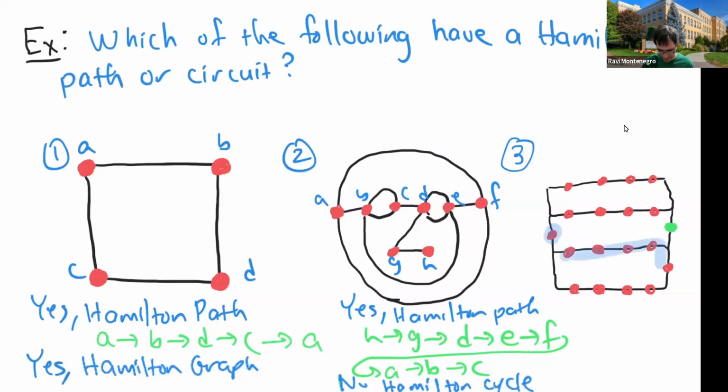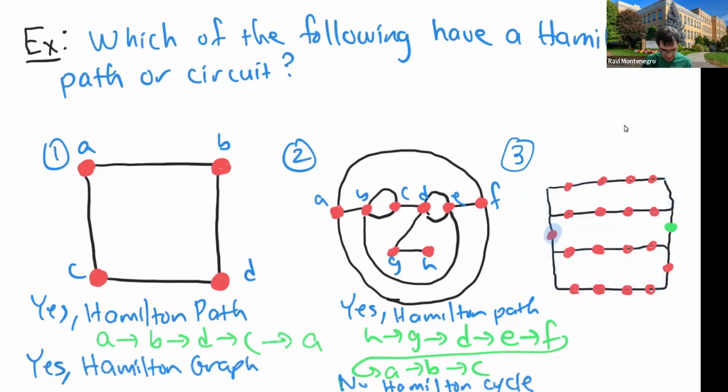For example, if I do this approach, I can't get back again because I would have to repeat this vertex. So this shows us there is a Hamilton path, but no Hamilton circuit.